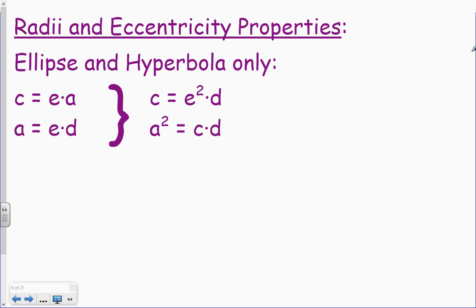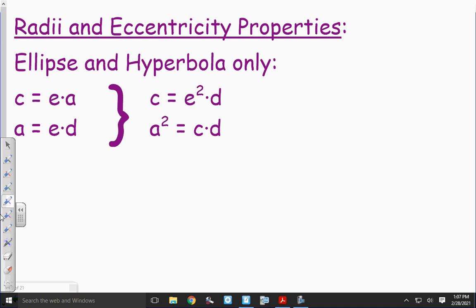And A is equal to E times D: your major or transverse radius A is equal to eccentricity times your directrix radius. The two that you see on the right are what you end up with by combining these. I'll show you where those come from, but I'm not going to worry about the original properties right now. We'll deal with that in the second part.